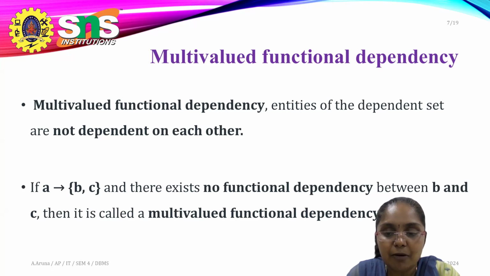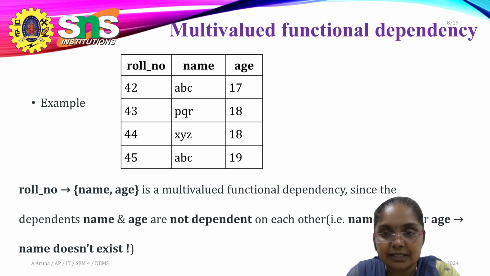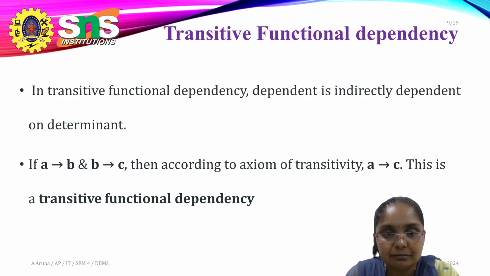So this type of dependency we call multi-valued functional dependencies. Through that, roll number tends to name and age: that particular roll number's student can have a name and also an age. So this type of dependency we call a multi-valued dependency. Roll number tends to name is not a multi-valued dependency.